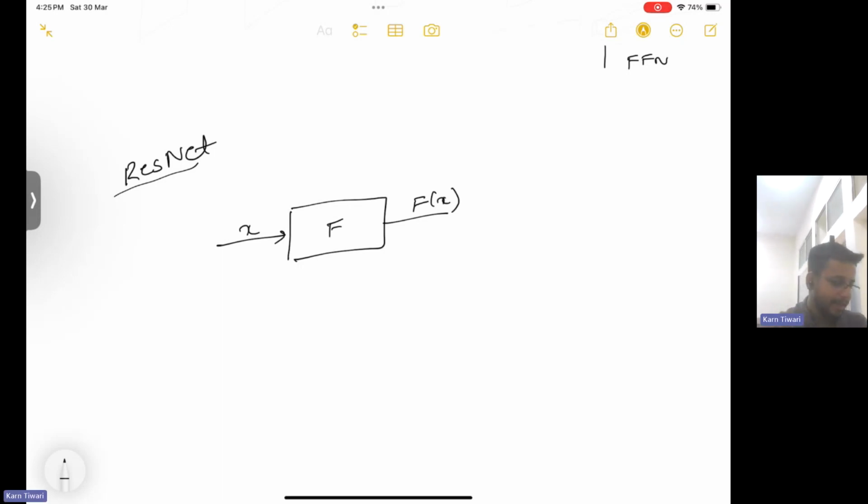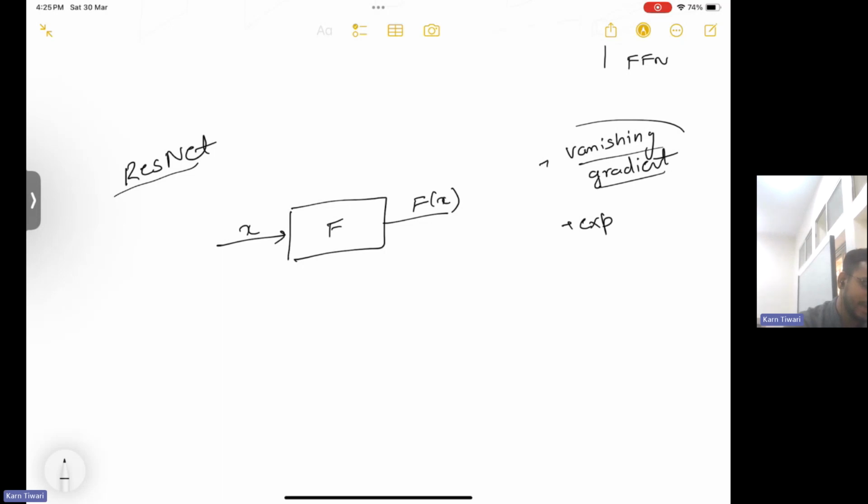But as you increase the number of convolution layers, there is one problem which happens in any architecture when you increase the number of layers, which is vanishing gradient, or exploding gradient. Majorly it is the vanishing gradient; for the exploding gradient, we have solutions which work to some extent, but for the vanishing gradient we don't have many solutions.